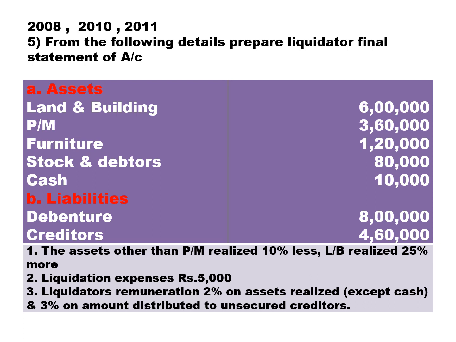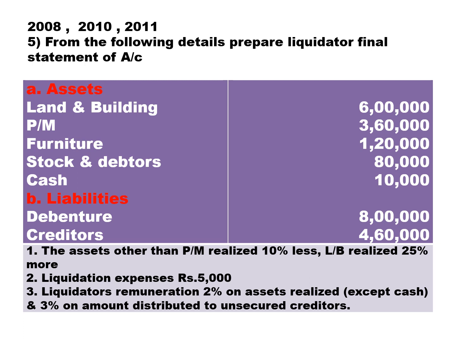Then the liquidator remuneration is 2% on assets realized except cash and 3% on the amount distributed to unsecured creditors. It means the remuneration payable to the liquidator is calculated on 2 bases.